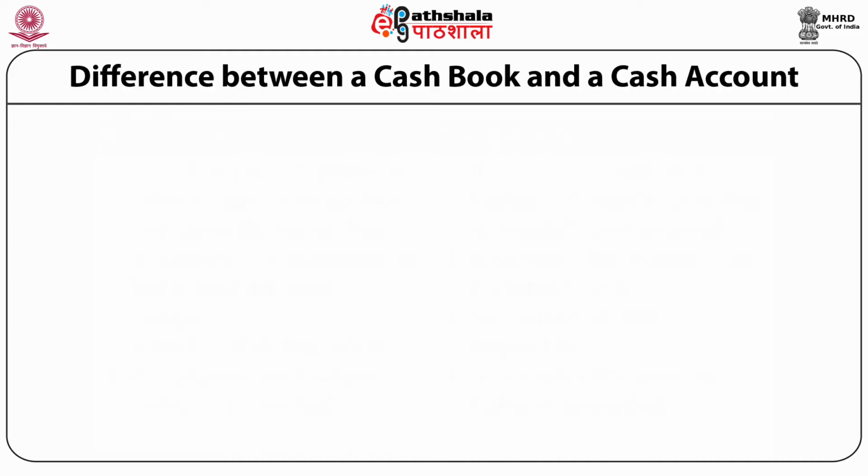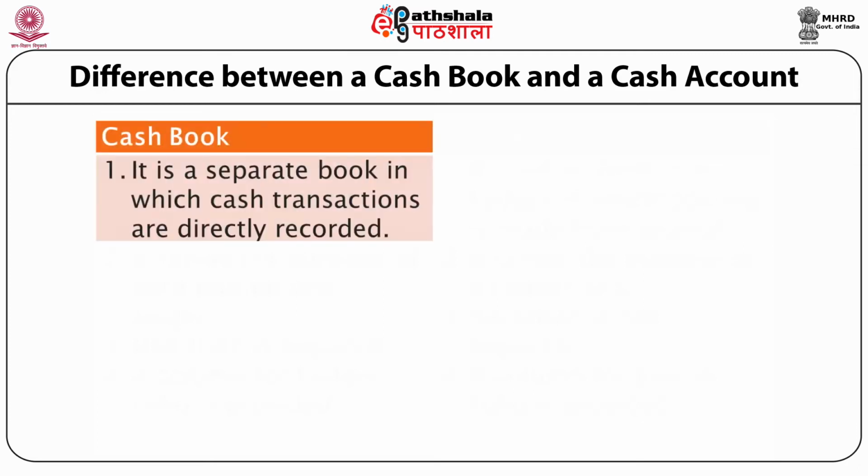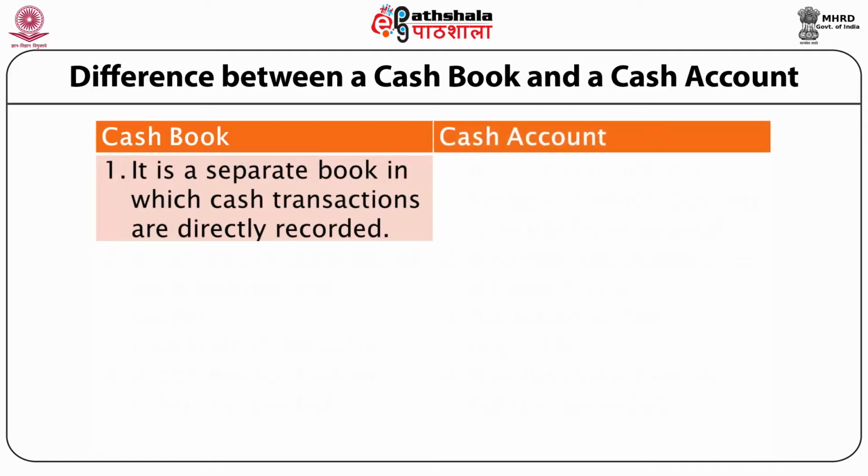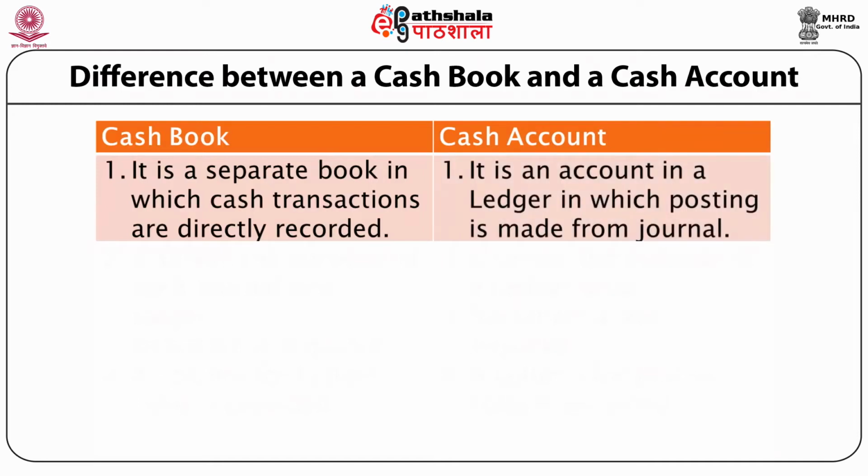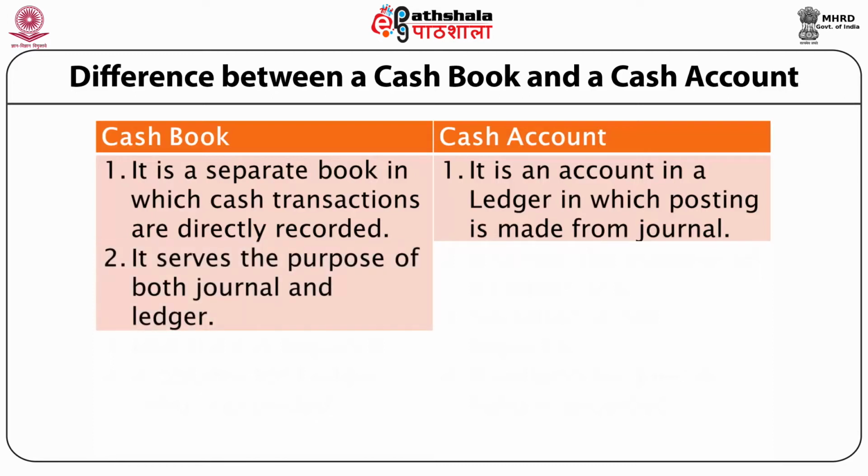Difference between a cash book and a cash account. Cash book: it is a separate book in which cash transactions are directly recorded. Cash account: it is an account in a ledger in which posting is made from the journal. Cash book: it serves the purpose of both journal and ledger.